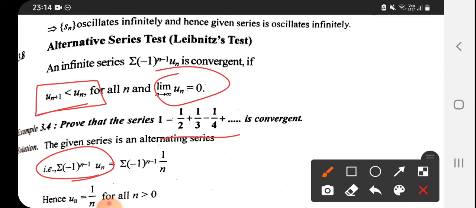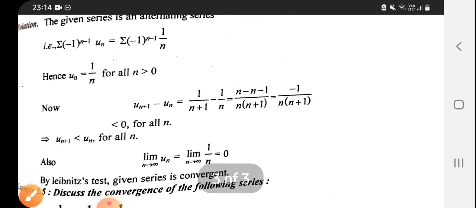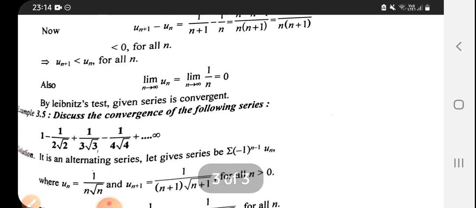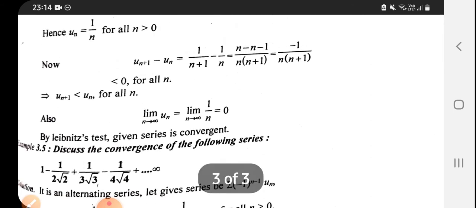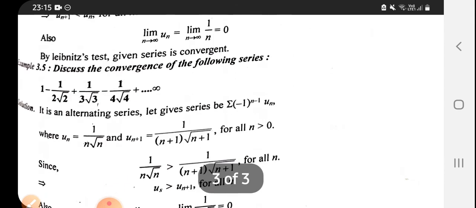This is the general term and un is 1 by n. As n tending to infinity, this un is equal to 0, so this condition holds and every term is less than its preceding term. Similarly, un plus 1 minus un gives a value less than 0. That means every term is less than its preceding term.